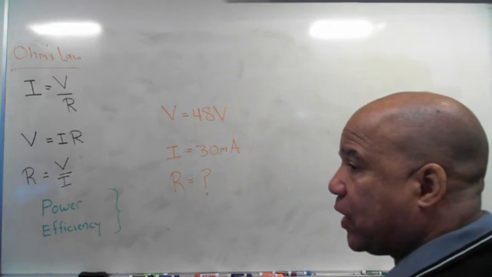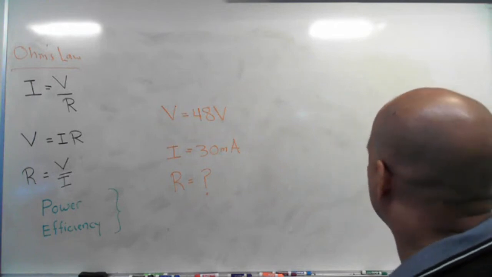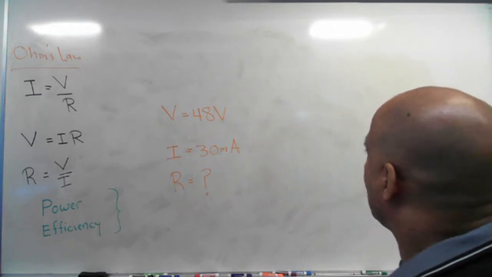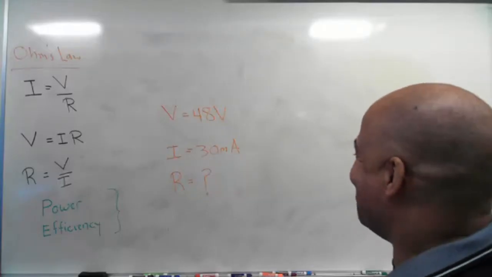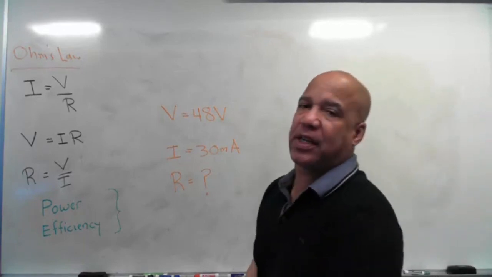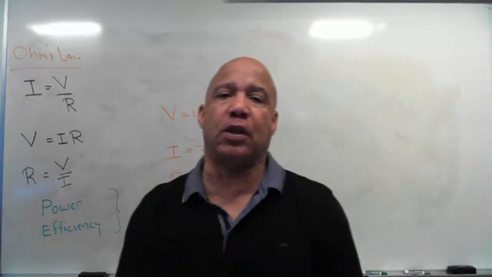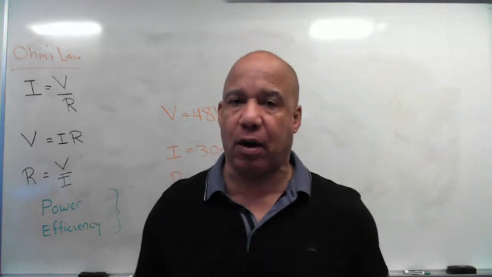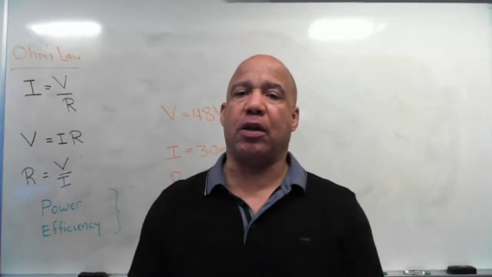Where have you ever heard of a relay being used? Relay race. That's a good one. A relay is basically an electromechanical switch. You use a little bit of current to control a lot of current. A little current to control a lot of current.